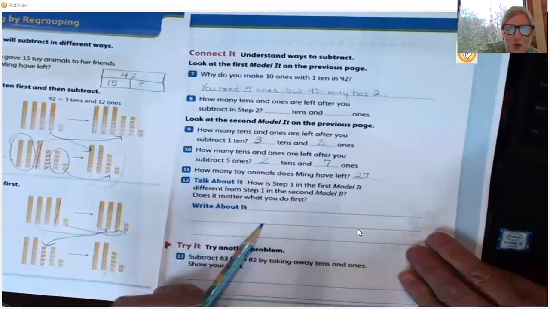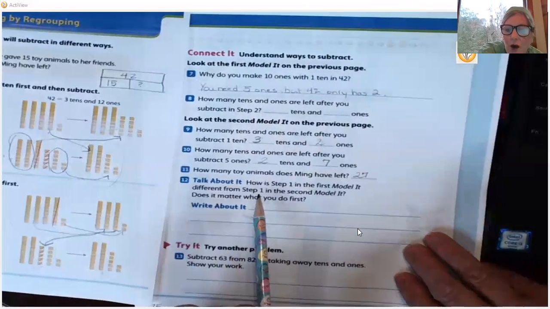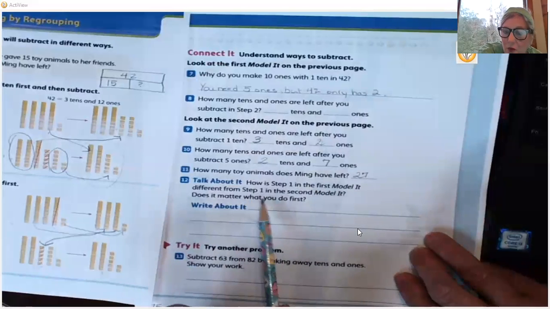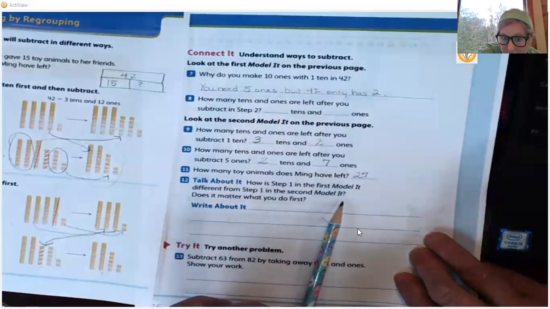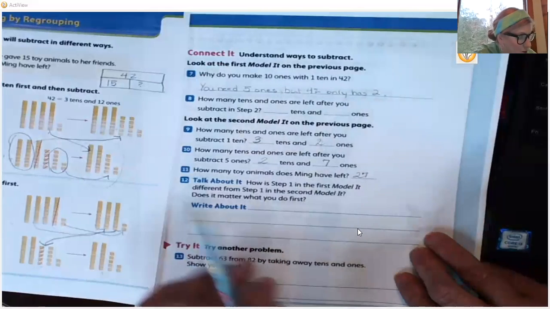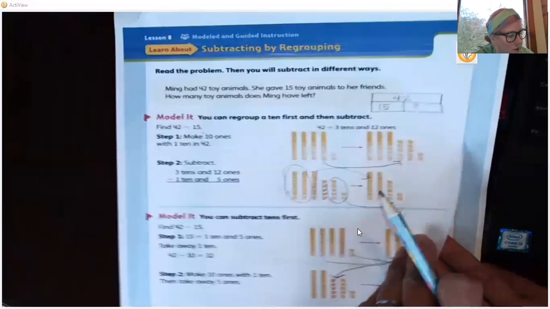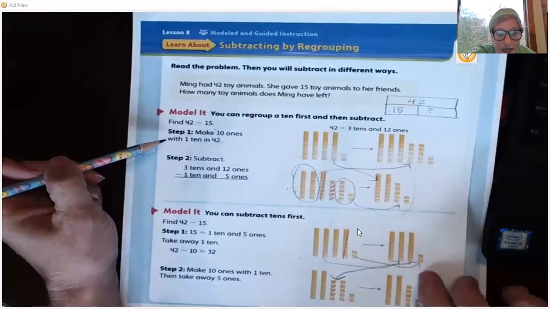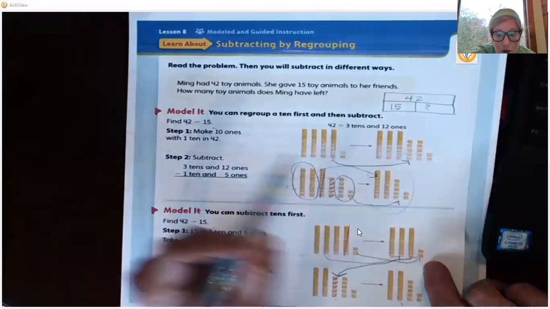Okay, so for number 12, talk about it. How is step 1 in the first model different from step 1 in the second model? Does it matter what you do first? So step 1, right here, make 10 ones with 1 10 and 42.